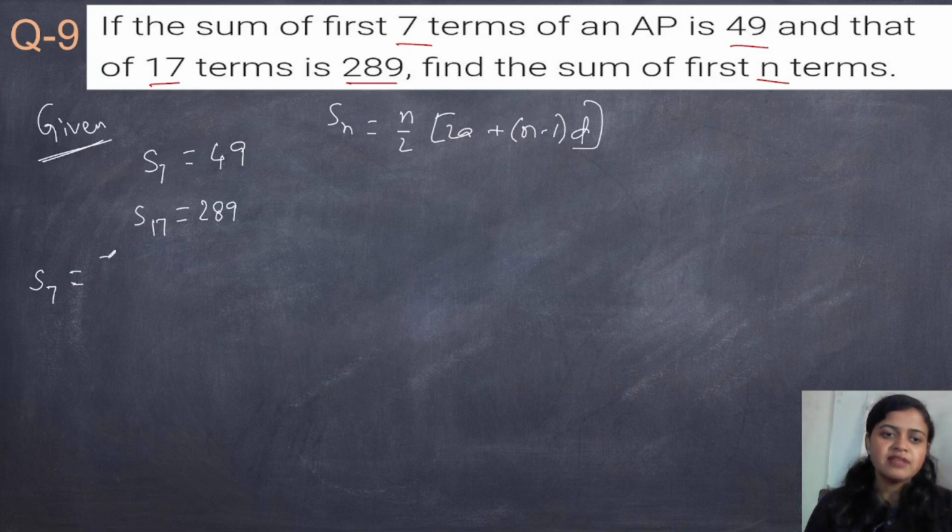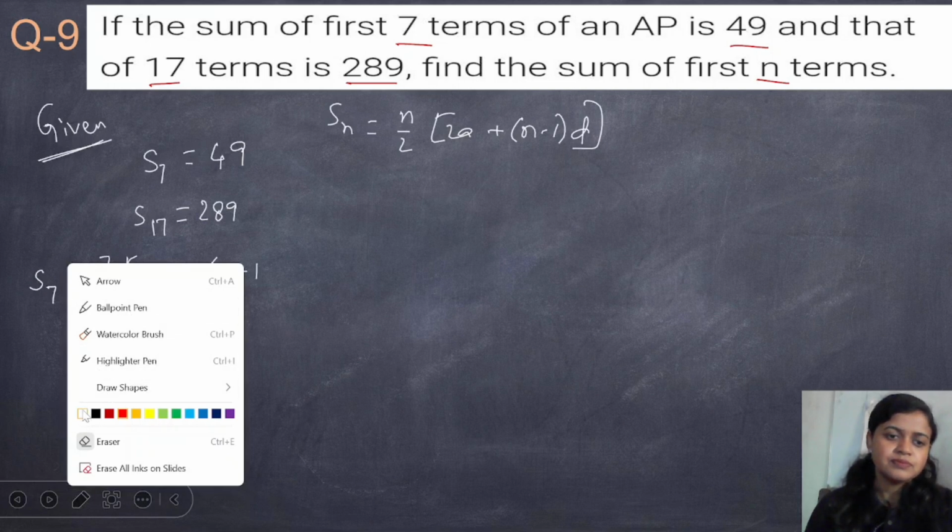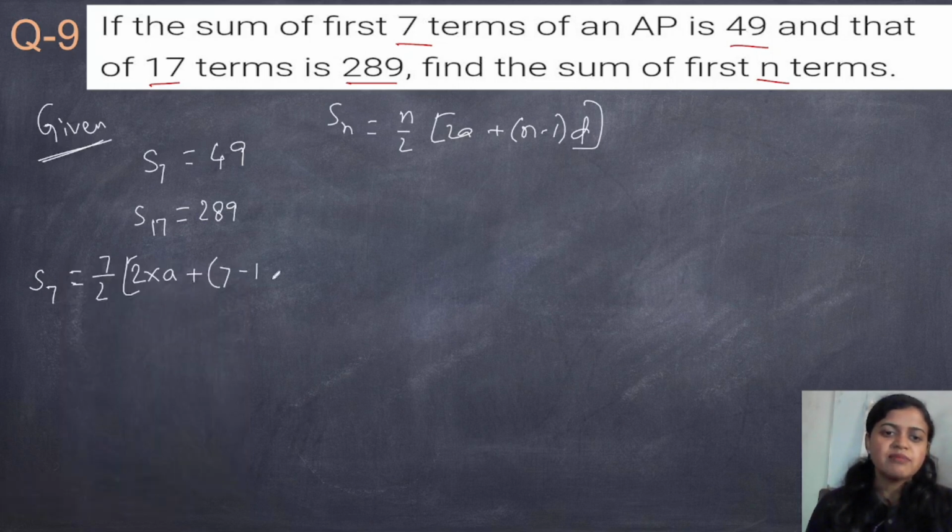Here n is 7, so 7 by 2 into 2a, a is not given, plus 7 minus 1 into d, d is not given. So 7 by 2 into 2a plus 6d, and S7 is 49, so we write 49 here.